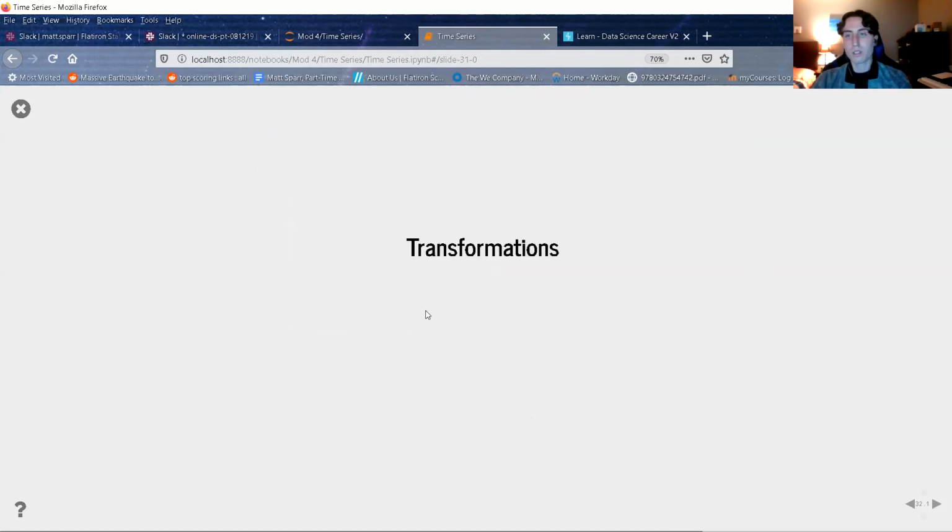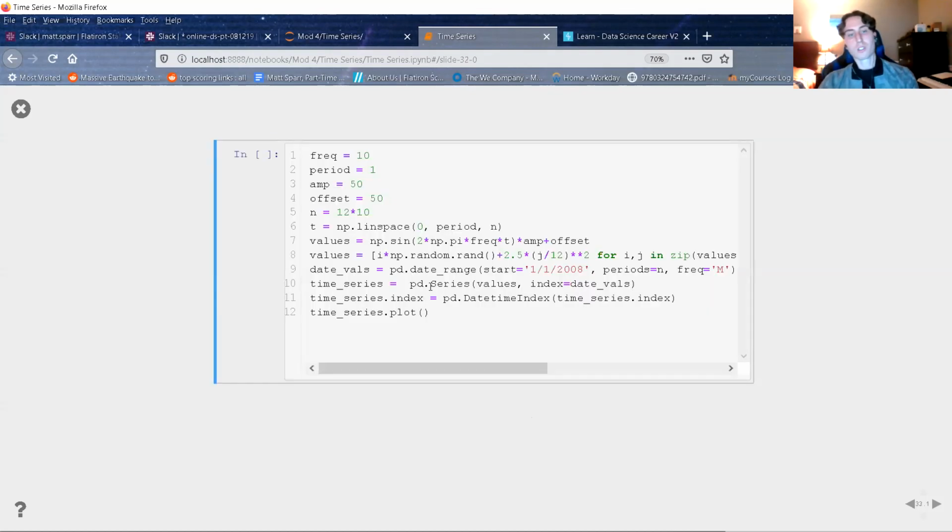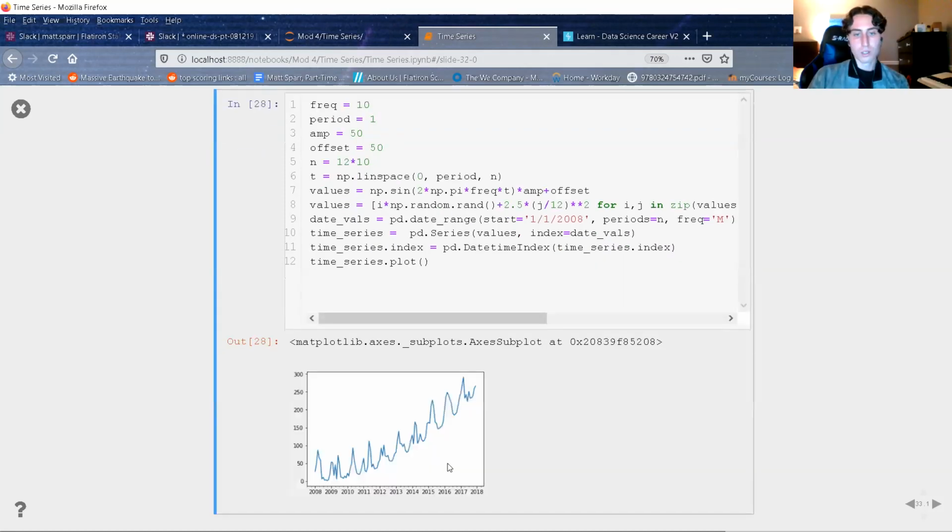All right, so that was differencing. That's one way to make a time series stationary. Another is transformations. So this is just like when we were doing linear regression, you can have a quadratic transformation, a log transformation, and so on and so forth. So we'll make a time series here.